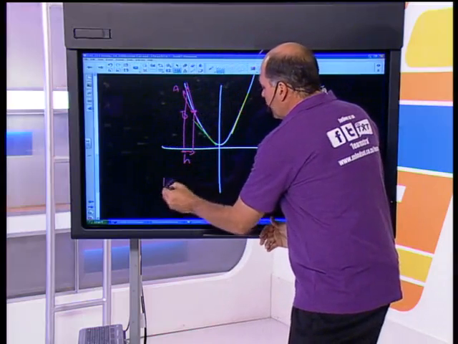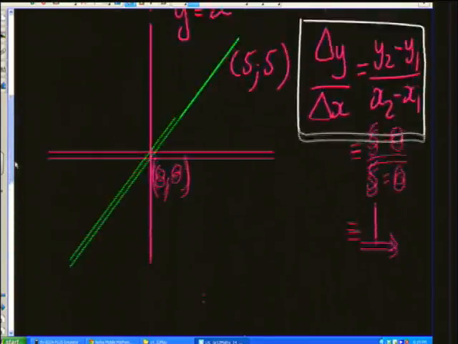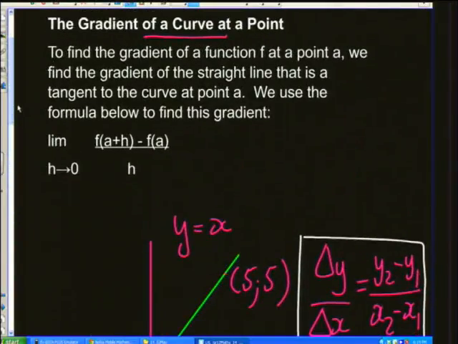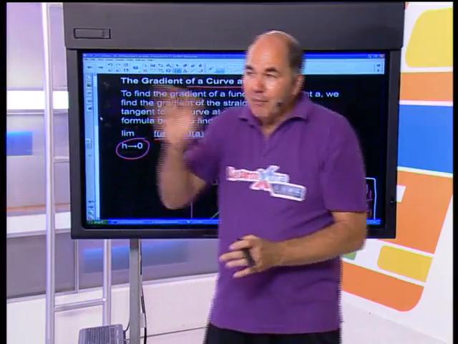So if h tends to 0, then we'll just use the change in y over the change in x. The change in x is h, and we're going to say let h equal 0. That's how we get the gradient of a tangent to a curve at a point. Very big terms there, but I hope that's helped.